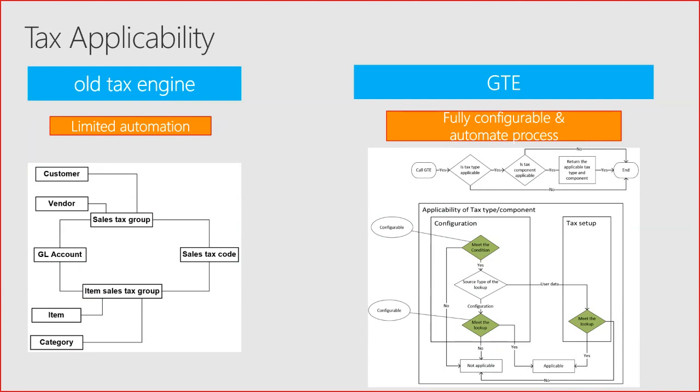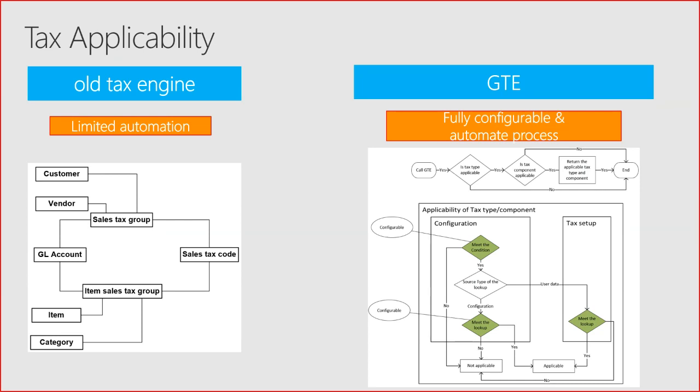On the left side of the slide is the old tax engine. As you might be familiar with the design, we have sales tax group and item sales tax group. You maintain several tax codes in these two groups, and then you assign the sales tax group to customer, vendor, or account, and you can also assign item sales tax group to item master or procurement category, sales tax category.